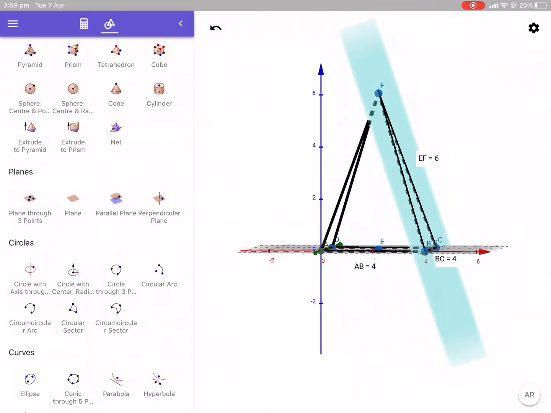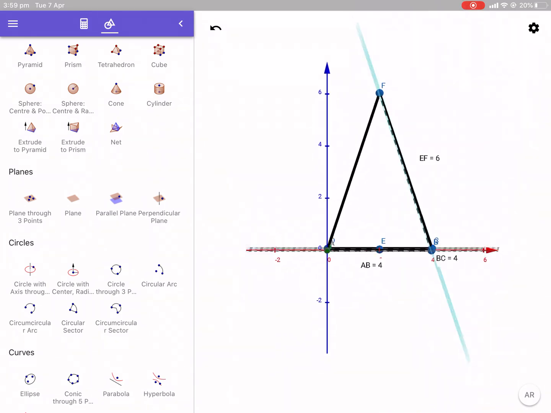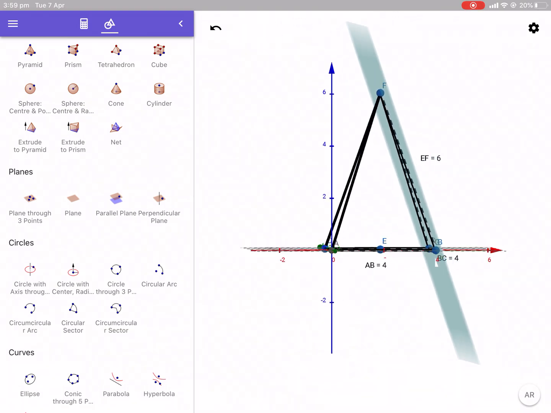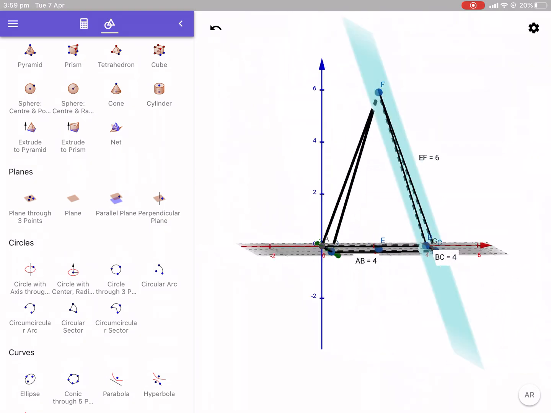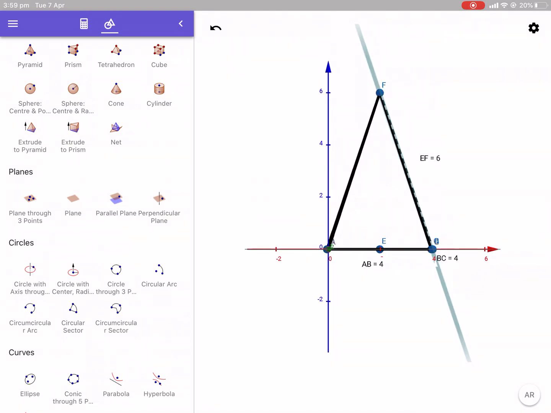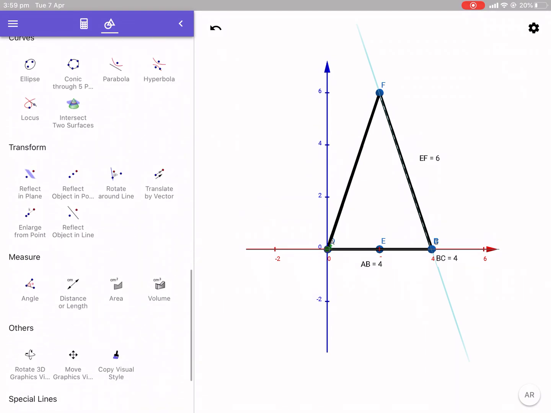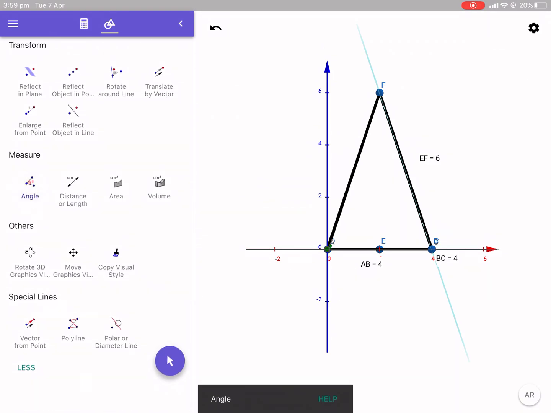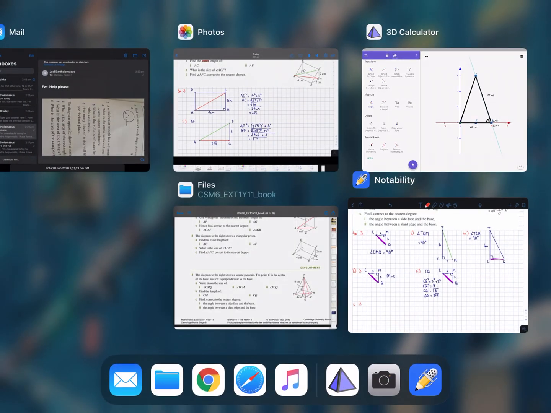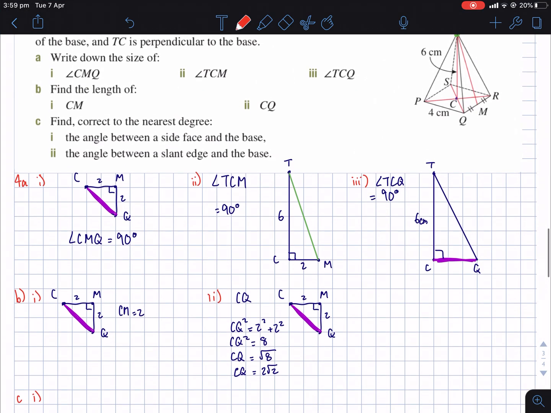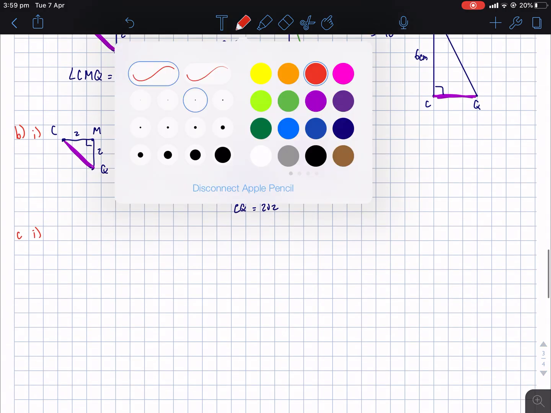So really, we want the angle in here, that angle there to the side. So we're going to draw this triangle side on. So I'm going to do TCM.